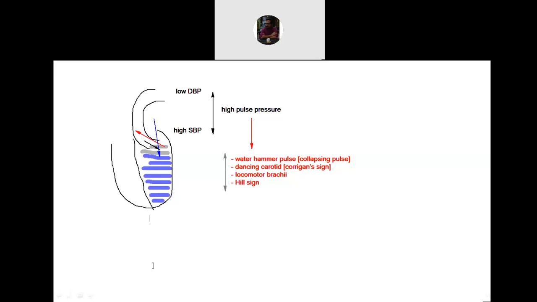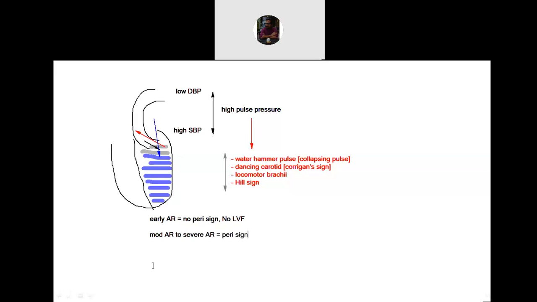And if on inspiration the split increases, which is normal, then the first sound is A2 and the second sound is P2. Is it clear to everyone? So this is how paradoxical split can be identified, and also individually A2 and P2 can be identified by clinical examination. So this part is clear, I hope.